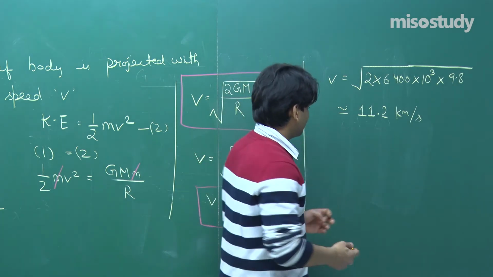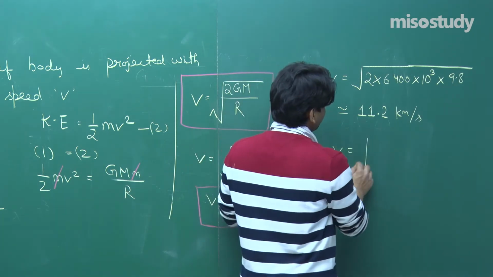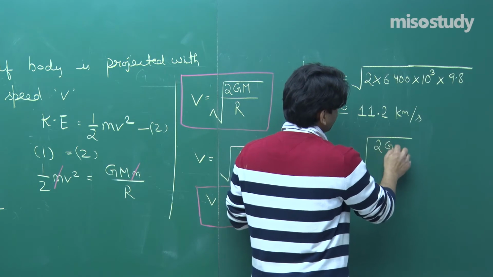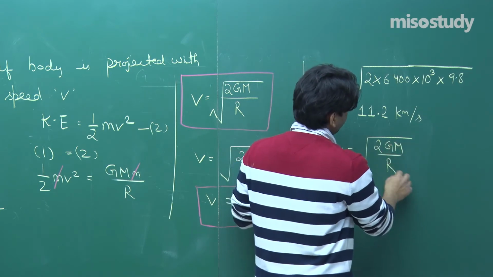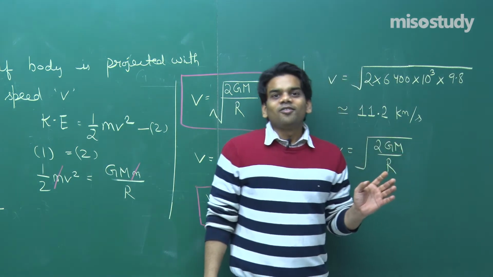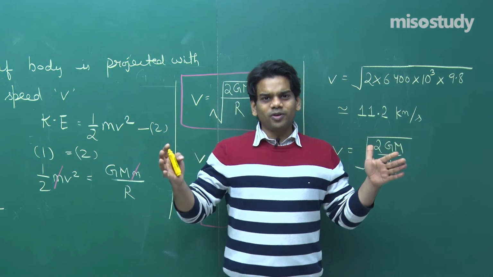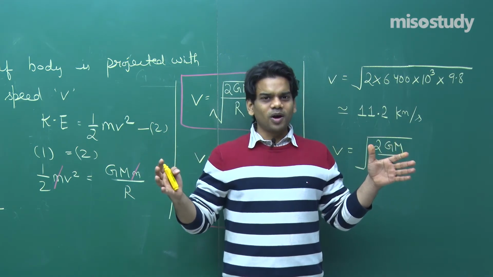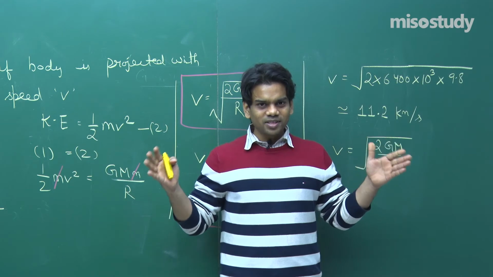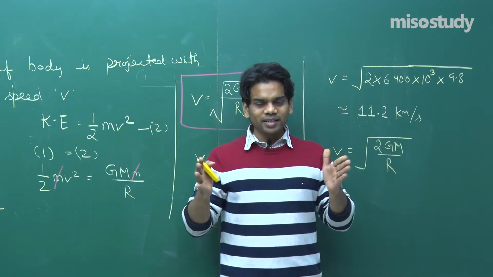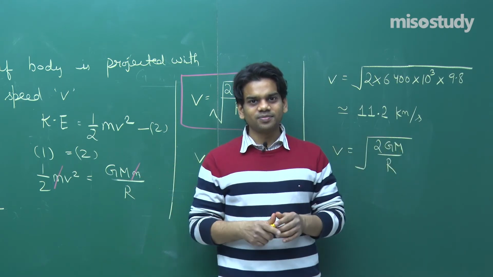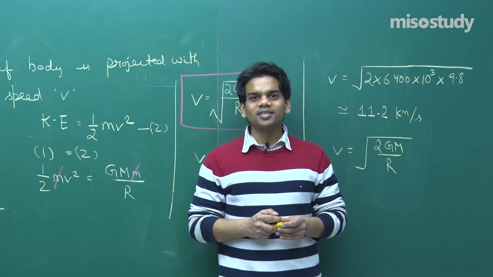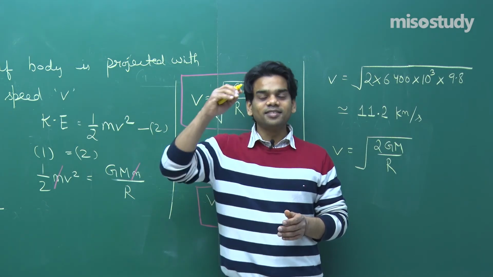Now once again, see the formula. V equals under root 2GM by r. One of the problems I was talking about, if you have seen all my classes, is that when the mass is kept the same and the radius of the planet is kept on decreasing, we found that the acceleration due to gravity kept on increasing.